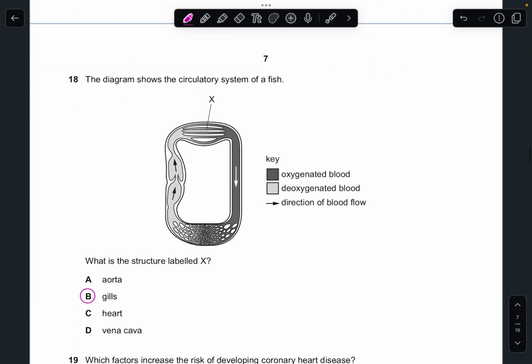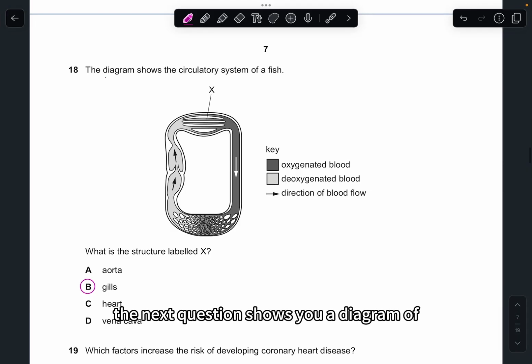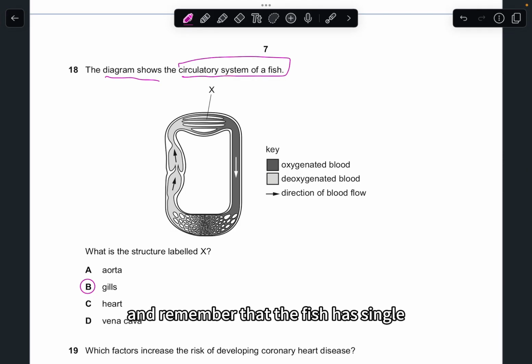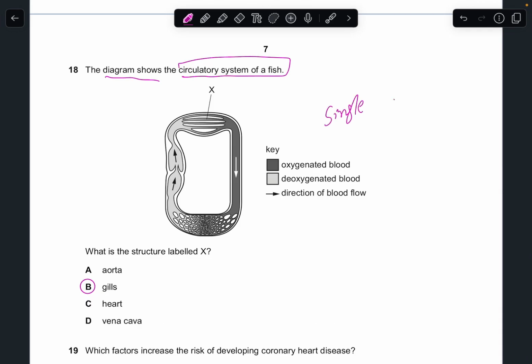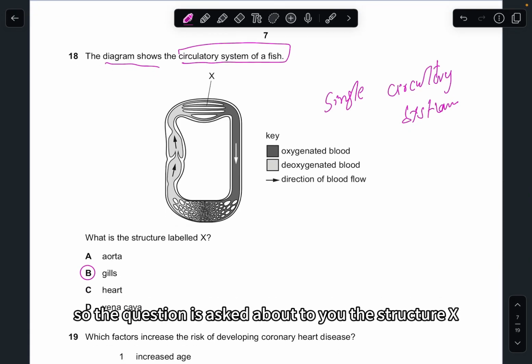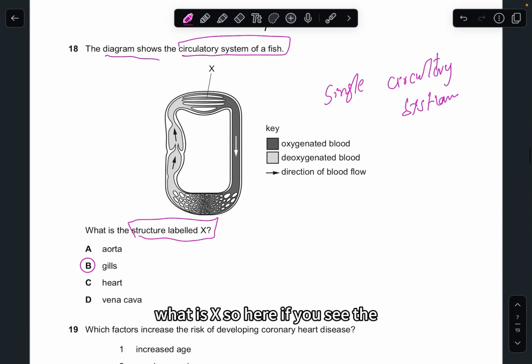Easy. The next question shows you a diagram of the circulatory system of the fish, and remember that the fish has a single circulatory system. The question asks about the structure X. What is X?